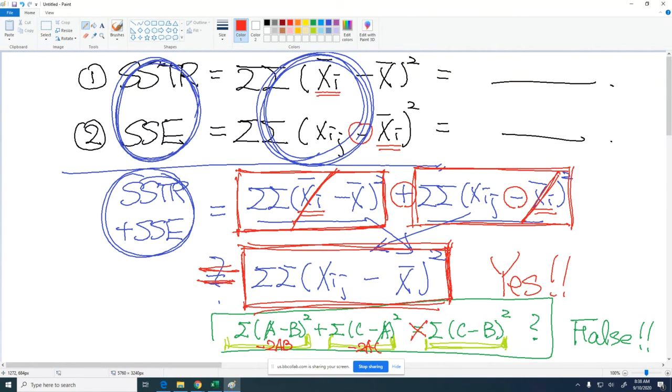Now, today, I want to give you the name of this one. It is TSS. What do you think the T stands for? This one is the sum of squares for treatment.